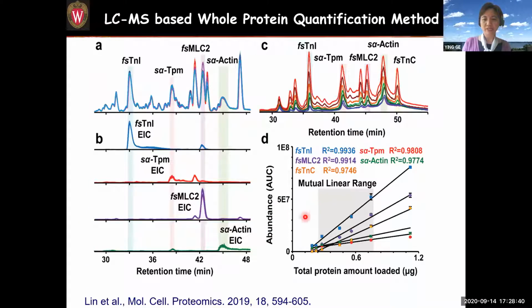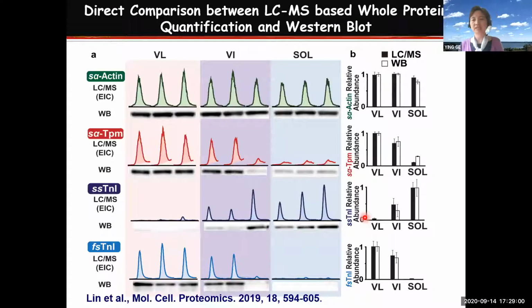And we did this linear curve, a standard curve generation, and we find if we can separate this small subproteome, about 20 to 30 proteins, we're able to separate them well, and they do have a linear response. And then we show that the direct comparison of those proteins, from the top-down LC-MS, label-free, with the Western blot, they're quite consistent.